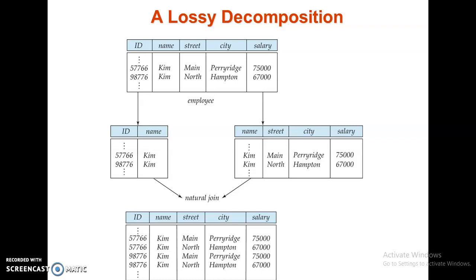Based on the previous decomposition, if you do ID and name into one relation, and name, street, city and salary into the other relation, and based on the name I perform a join operation, we have to see a larger number of records which were not there in the original relation. This is an example of lossy decomposition.